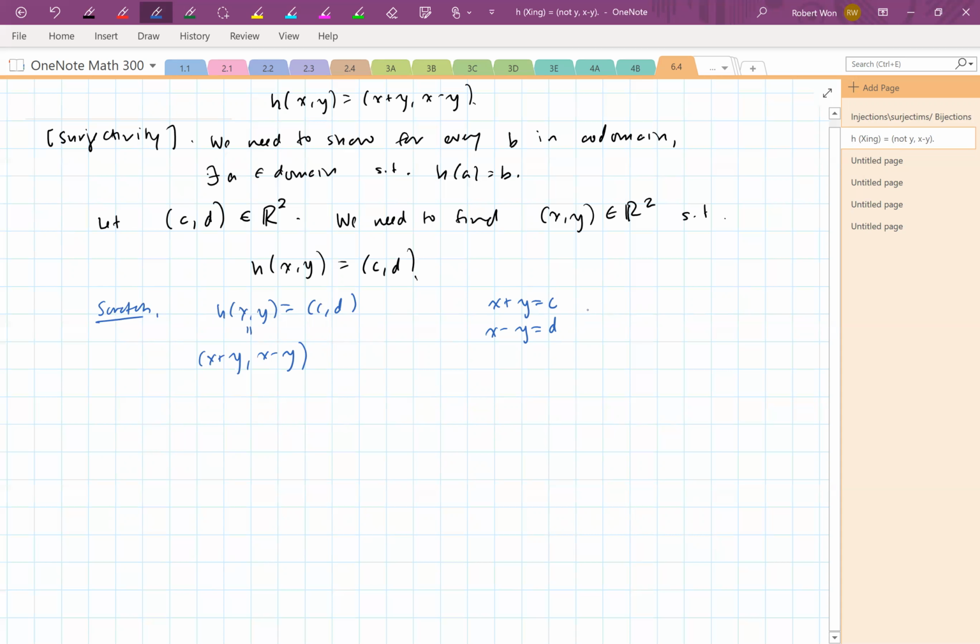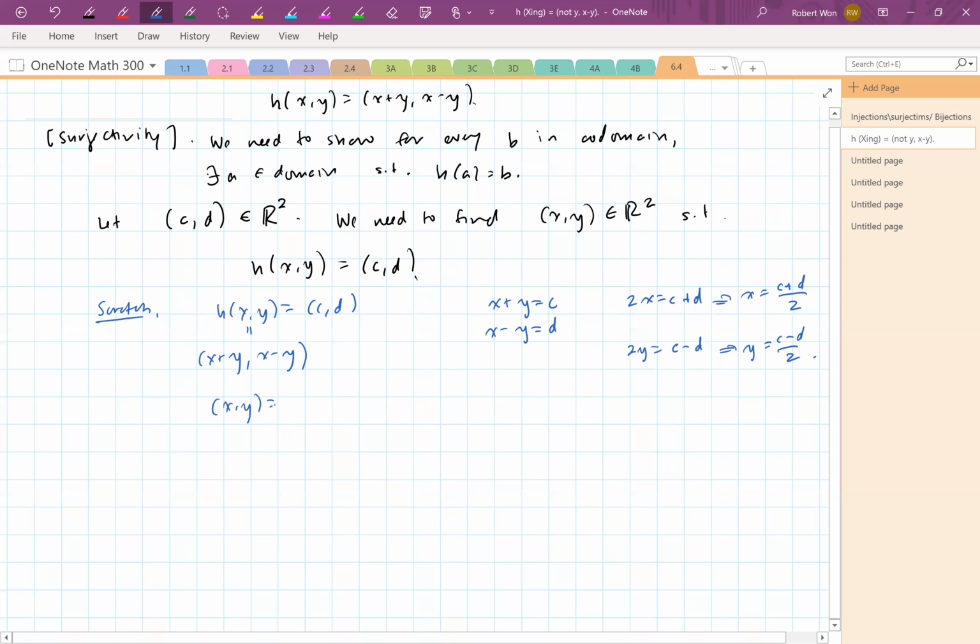If I manipulate this and solve, I get 2x equals c plus d by adding them, and 2y equals c minus d by subtracting them. So if I take x to be the average, (c plus d) over 2, and y to be (c minus d) over 2, it seems like it'll do the trick. Take (x, y) to equal ((c plus d) over 2, (c minus d) over 2).